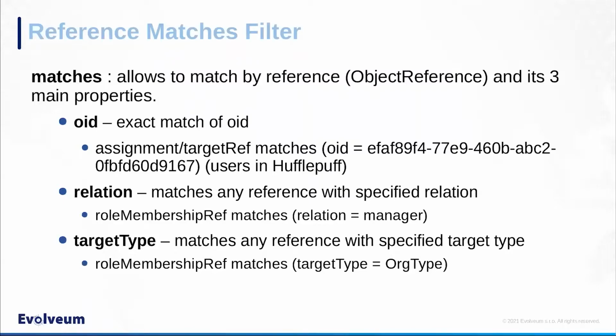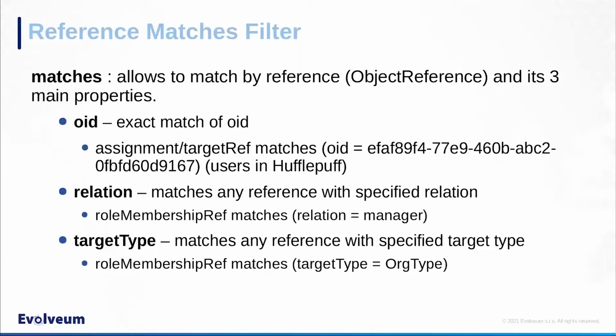One is the OID. This filter is for the exact match of the OID. For example, we can see here that we have assignment targetRef matches OID, and this is a very specific filter, very concrete. It matches all the users in the Hufflepuff dormitory.